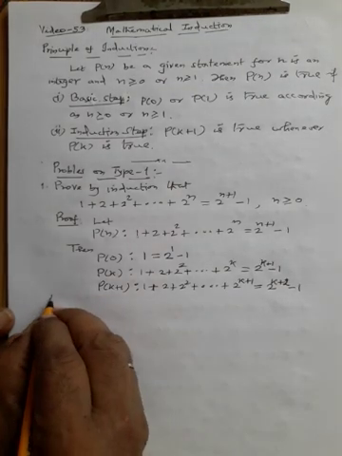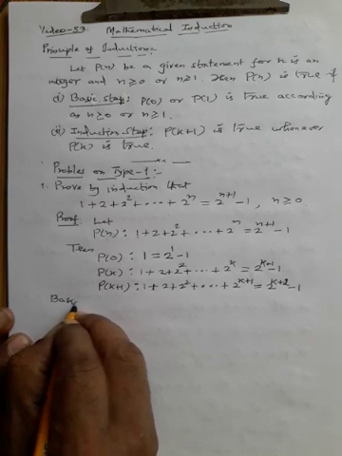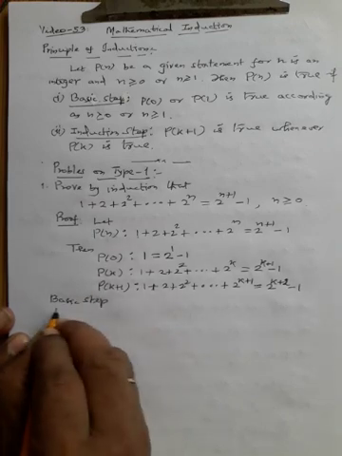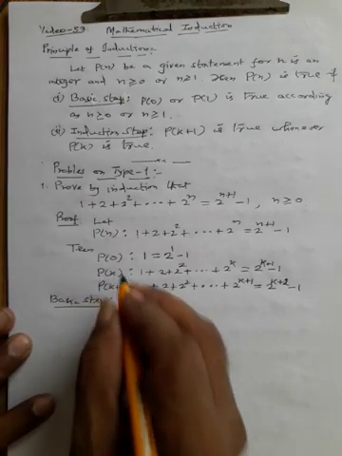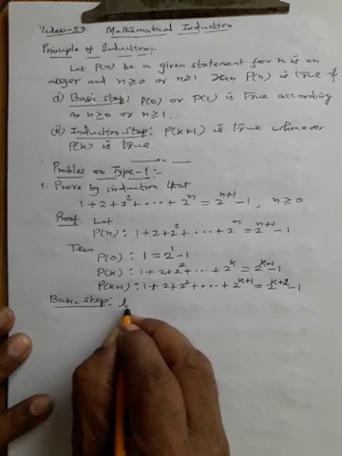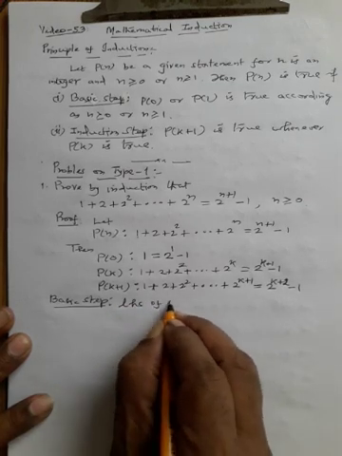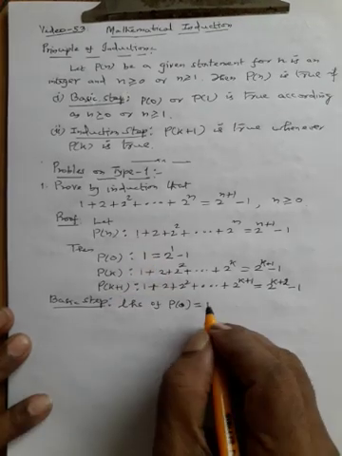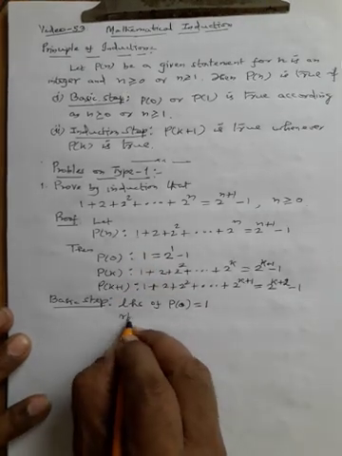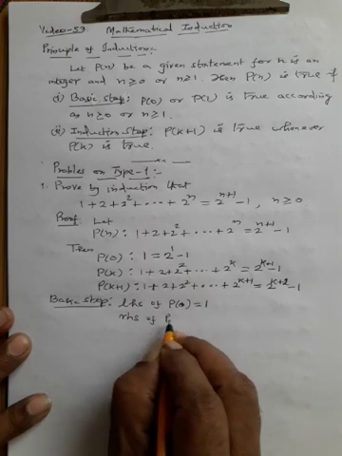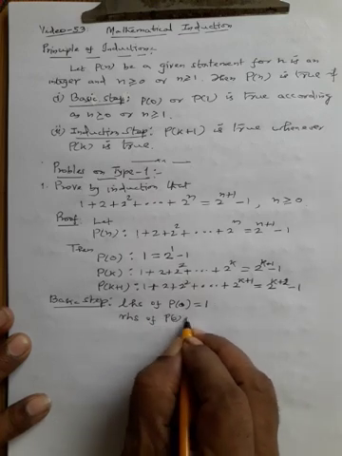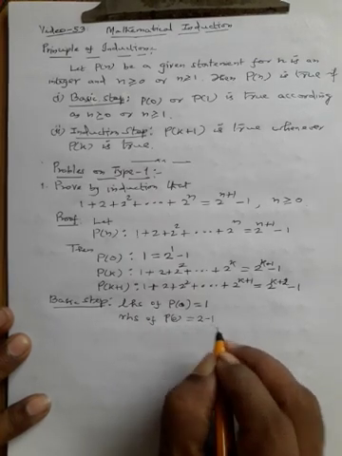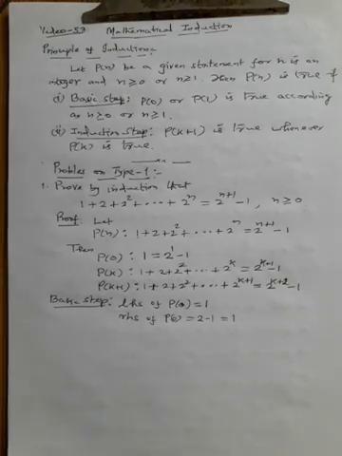Now we have to prove the basic step. What is the basic step? We have to prove P of 0 is true. LHS of P of 0 is 1. RHS of P of 0 is 2 power 1 minus 1, which is also 1.